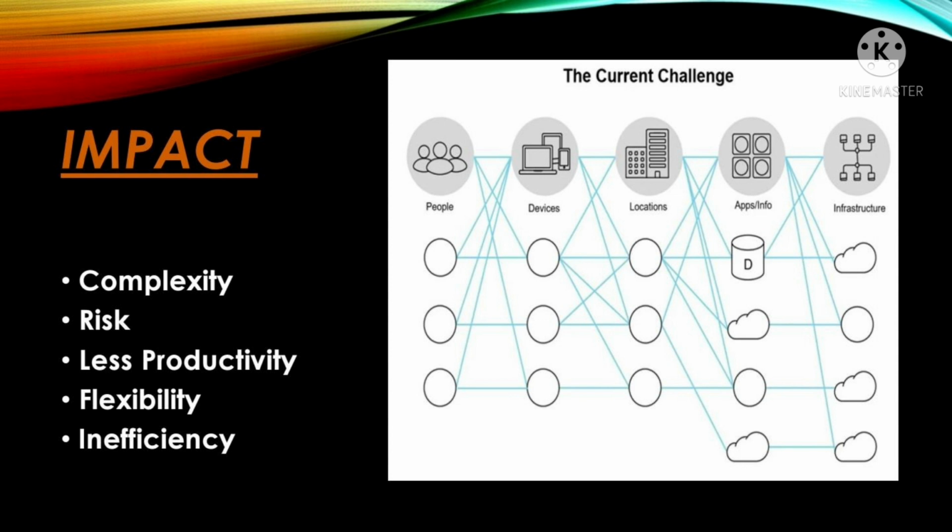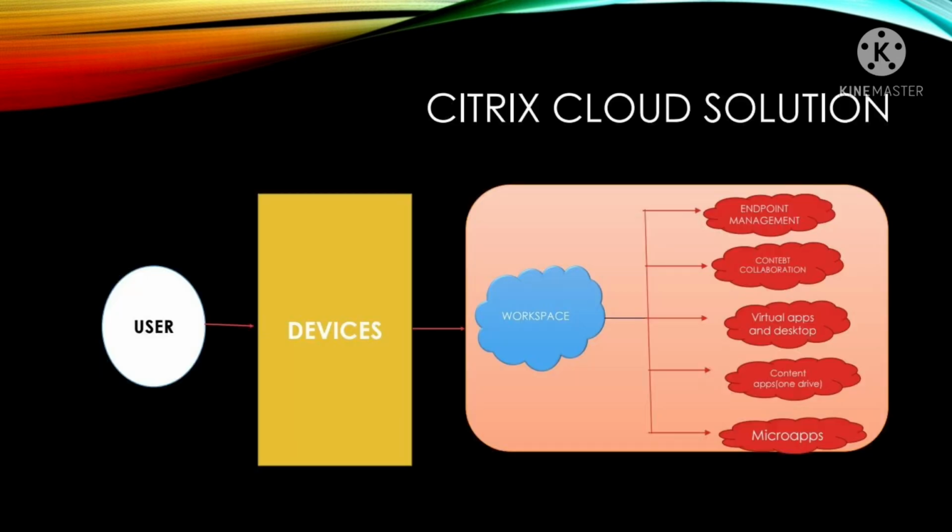It's available from any application. Users can consume only what's needed. In this video, we will provide an overview of Citrix Cloud and differentiate between traditional on-premises and Citrix Cloud deployment.